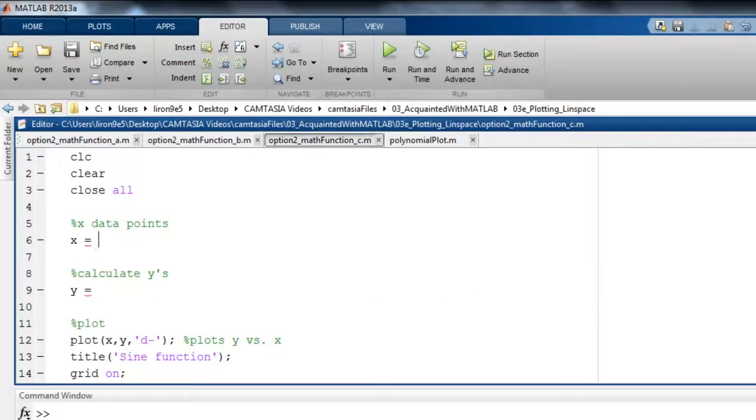So instead of actually coding the points one by one, I asked MATLAB, linspace, to create a vector of equally spaced values from 0 to 2 pi, that's a and b, 0 to 2 pi, and let's do 40 data points. Maybe that will be enough. How do I actually calculate the y?